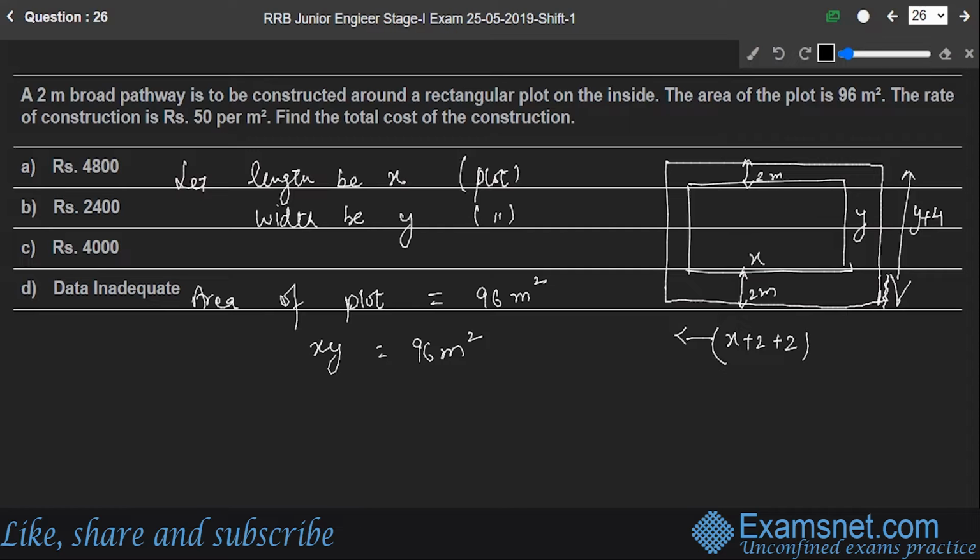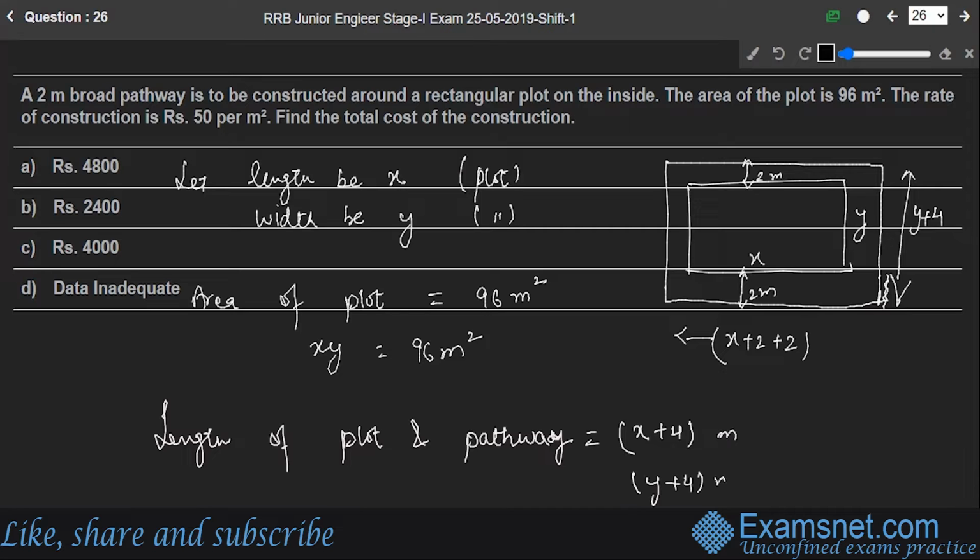So here what will you have? Length of plot and the pathway, that is equal to x plus 4 meter and the width will be y plus 4 meters, right?